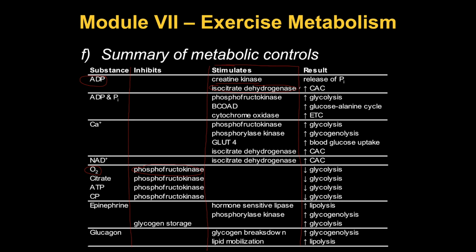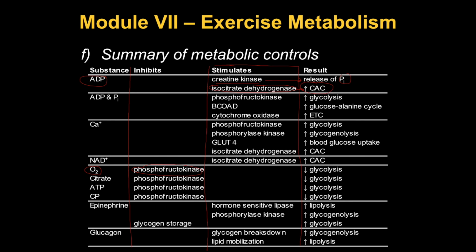And the last column is the end result of this, either inhibition or stimulation of that substance. So if we just take ADP as the example, we said that that was stimulating creatine kinase and isocitrate dehydrogenase. Well, if you stimulate creatine kinase, that's going to cause more release of inorganic phosphate from creatine. If you stimulate isocitrate dehydrogenase, that's going to increase the citric acid cycle.